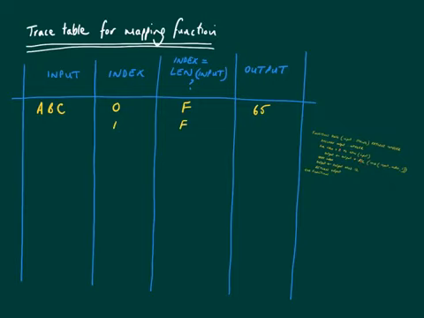The index becomes 1, and then we add the ASCII value of B, so it's 65 plus 66, and that's 131. We change index to 2, and then it becomes 198 because it's 67 plus 131. And then index becomes 3, and that's the length of the input. So when the condition becomes true, it drops out. Output is the remainder of 198 divided by 12, and that's 6. And so the value 6 is our index, and it's returned to the calling function.